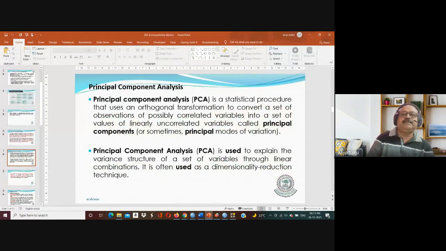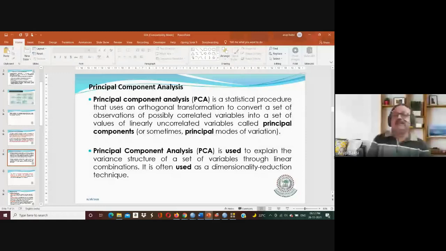We talked a little bit about the principal component analysis because, as I have told you, the factors should not correlate after the entire process is completed.